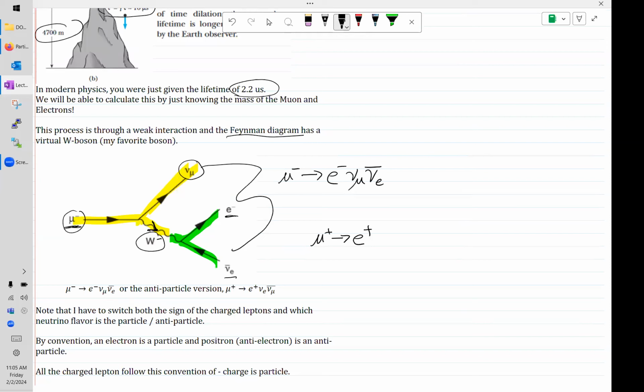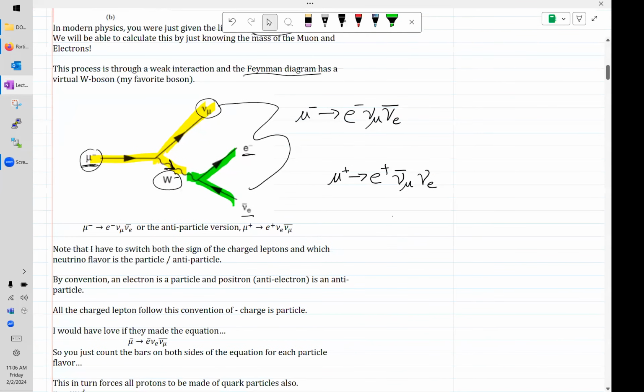Then for the rest, it decays into an anti-muon neutrino, and the W actually decays into a regular electron neutrino. So as we already talked about, the electron and positrons, or the anti-electrons, are anti-particles of each other.